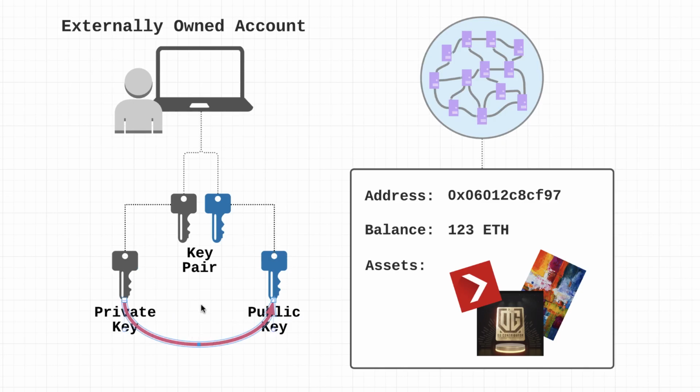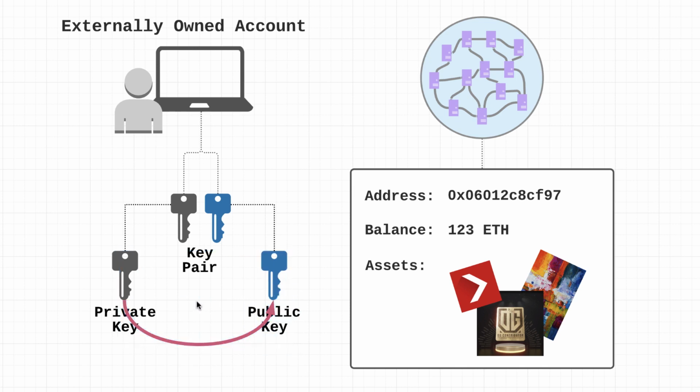But real quick, it's going to use something called a one-way function to essentially get a value for the public key. The cool thing about this relationship is that if you have a private key, using elliptic curve cryptography, you can always figure out the public key.